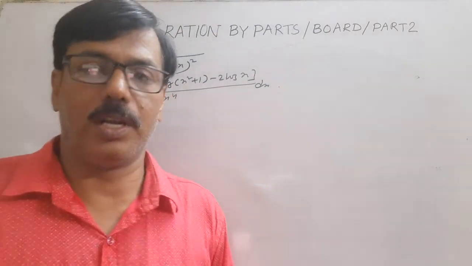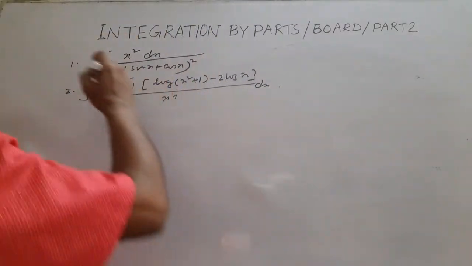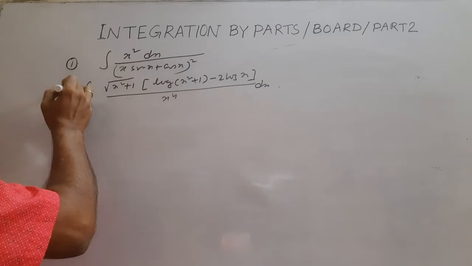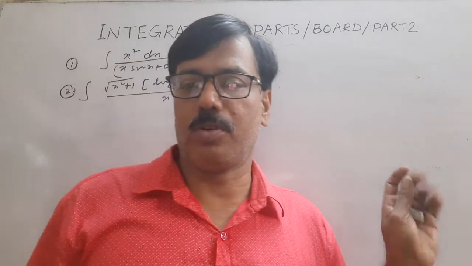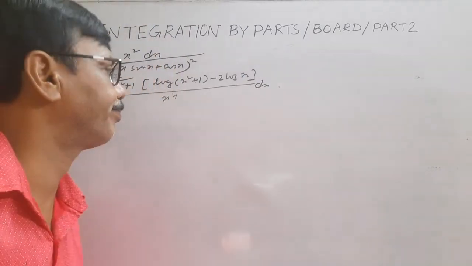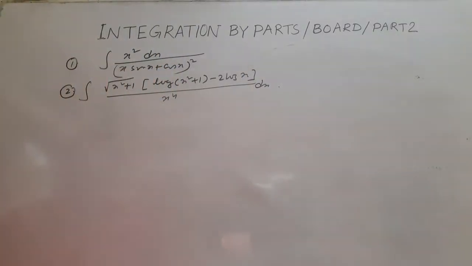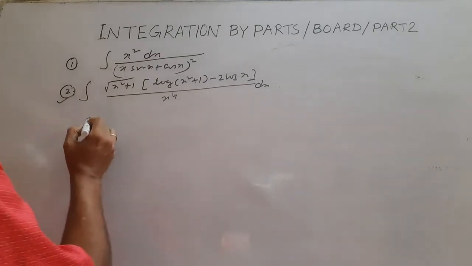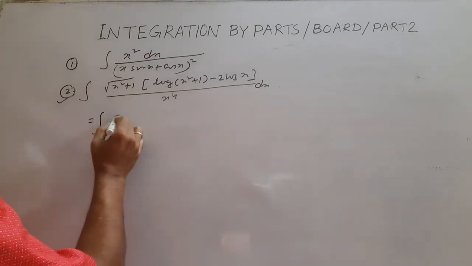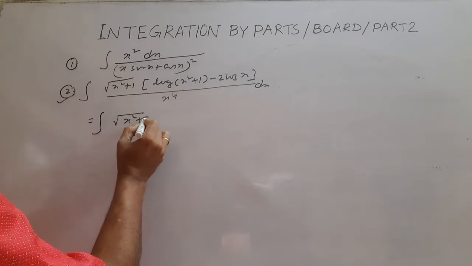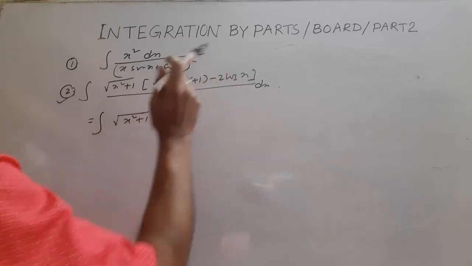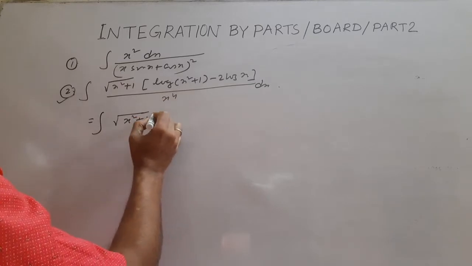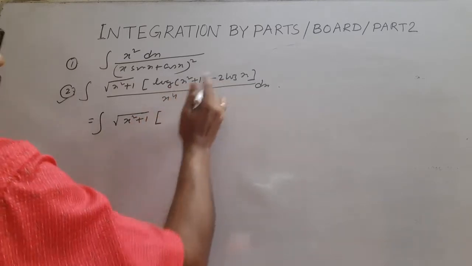Now we consider two important problems of integration by parts. They are of competitive exams. So problem number 2 first. So look, root over x square plus 1, make it unchanged. This is log, we want to put it in the formula of log.